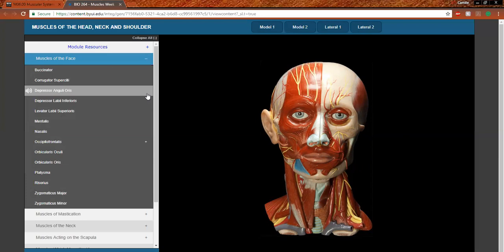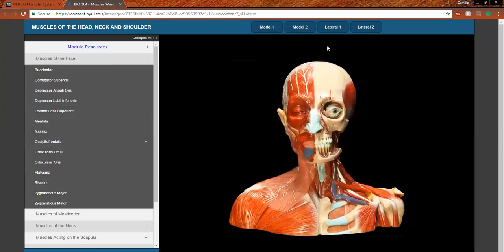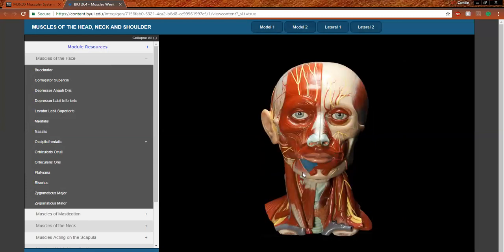Then the next one I like to go to is the depressor labii inferioris. That one's right here. Labii means lip. So depressor, down, of the lip, and then it's inferioris because it's on the bottom side.